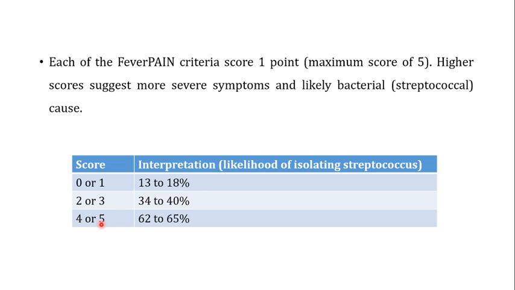And if it is 4 or 5, it gives you a chance of 62 to 65% of bacterial pharyngitis. So as you can see, the higher the score, the higher the chances of bacterial pharyngitis. So this is one criteria which can help you differentiate between viral and bacterial pharyngitis.